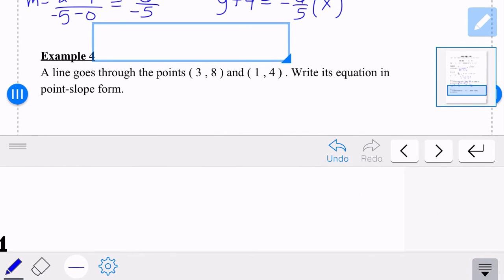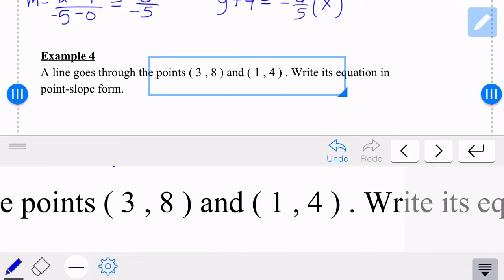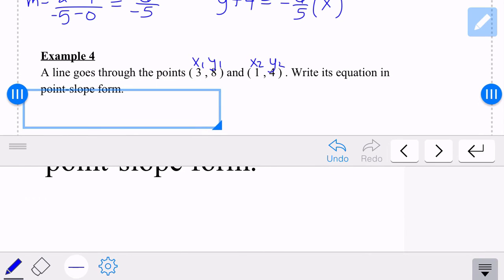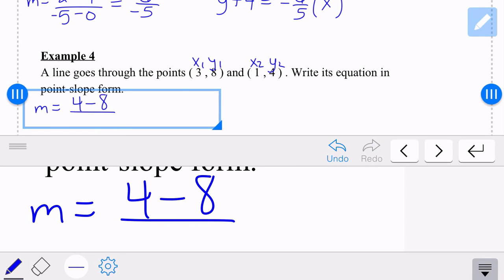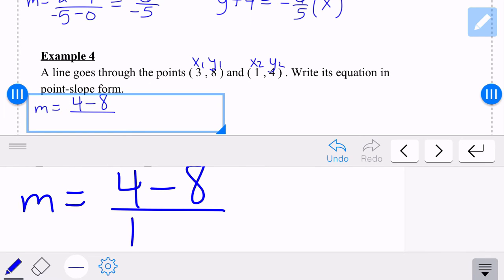Example 4, last one on this page. We've got 2 points again, so same idea. x1, y1, x2, y2. We need to first get our slope. So m is going to be y2 minus y1, so 4 minus 8, over x2 minus x1, so it would be 1 minus 3.